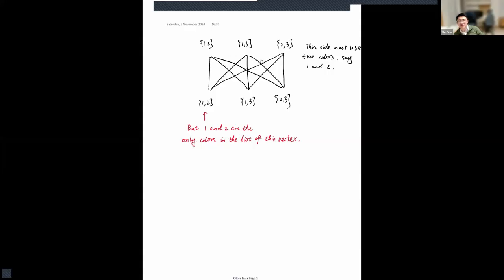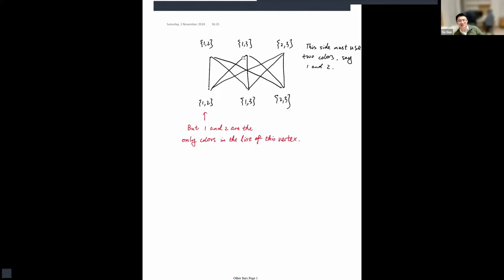The first observation is that if you want to choose one color from each list on this side, then you need to have at least 2 colors chosen for the first side, because if all of them receive the same color 1, but 1 does not show up in this list, so you cannot choose 1 from this list.